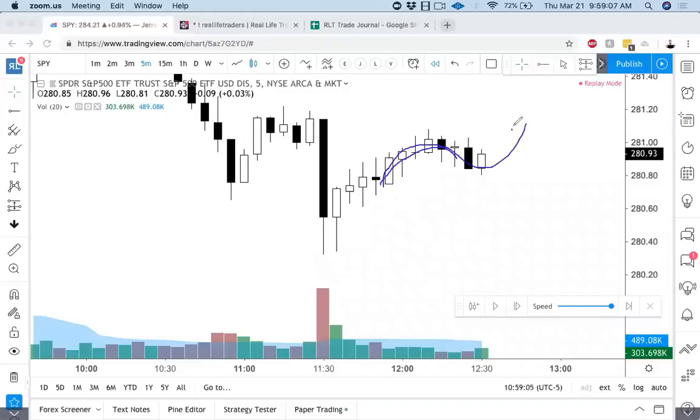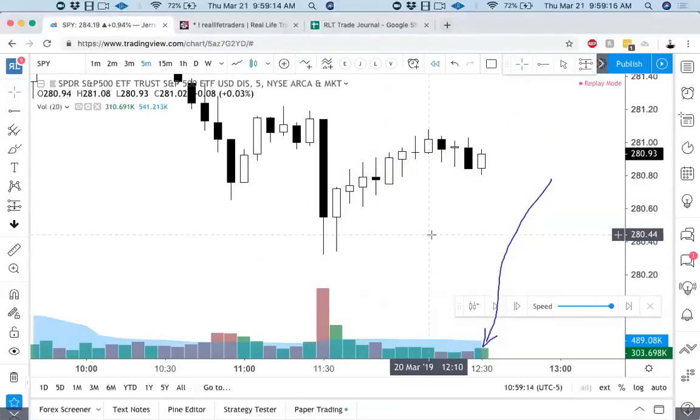And when we get the bullish S-curve, what is it that we're looking for? Volume. This volume tells me so much.